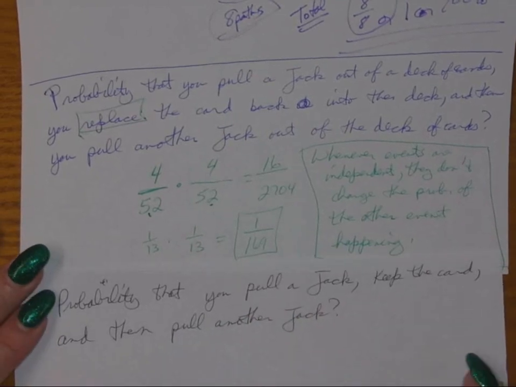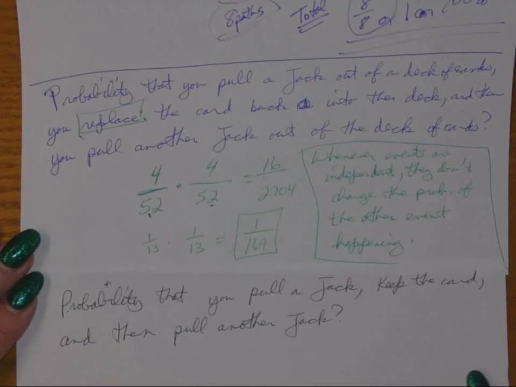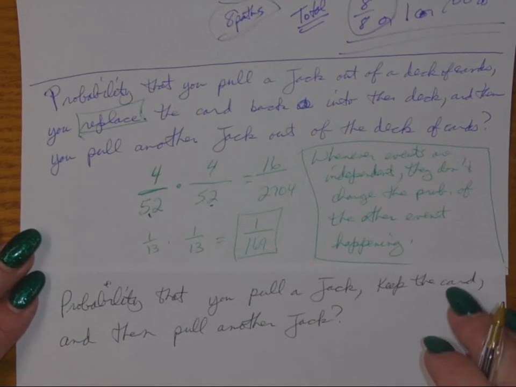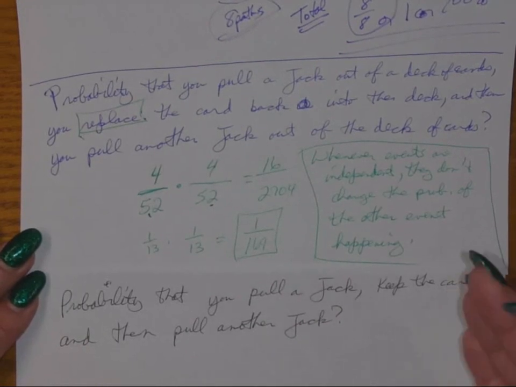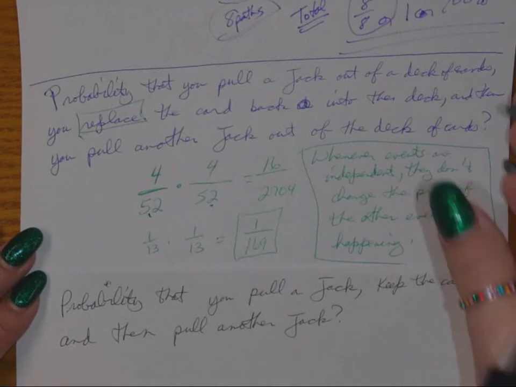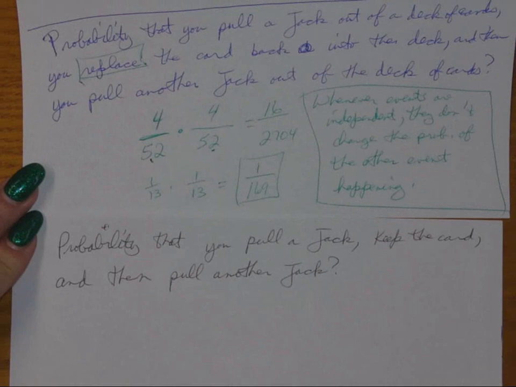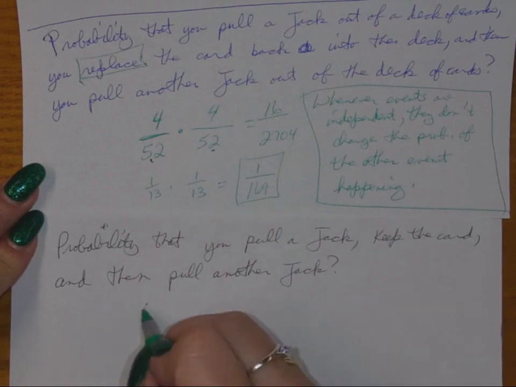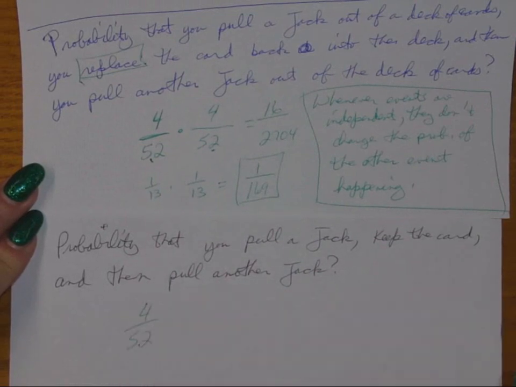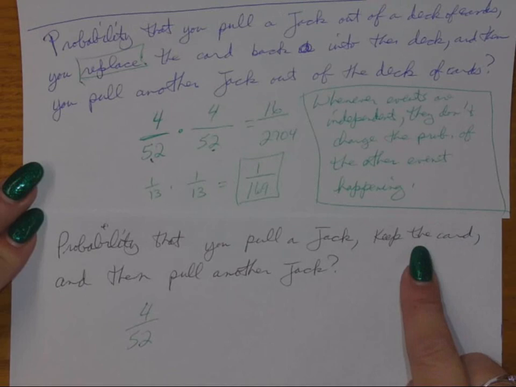Oh, now we're changing the situation, aren't we? Because I kept the card. When I keep that card out, let's look at this problem. What's the probability of the first one? Well, the probability of pulling a jack is still 4 out of 52, out of a normal deck of cards that's fair, without extra kings and jokers or aces or whatever. So that's still 4 out of 52. That doesn't change. But what changes here is that I kept the card.